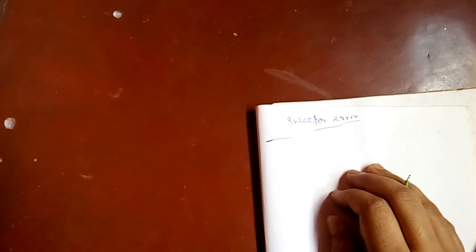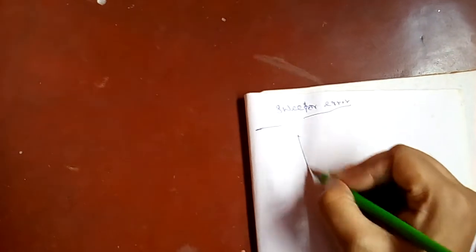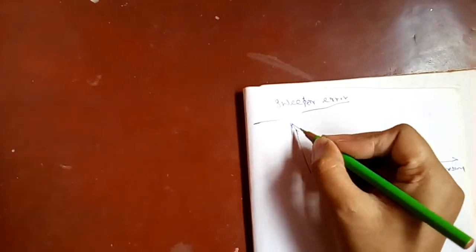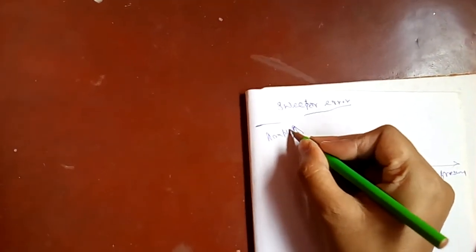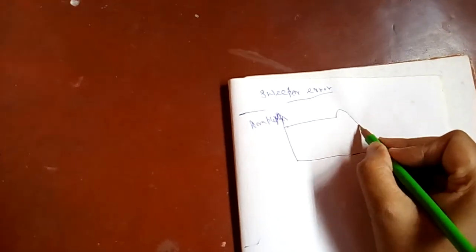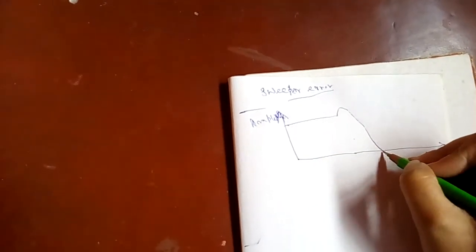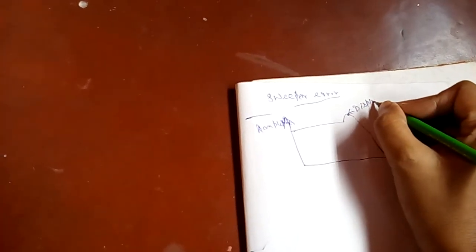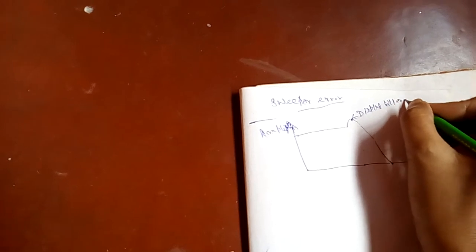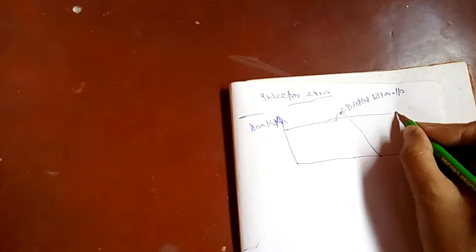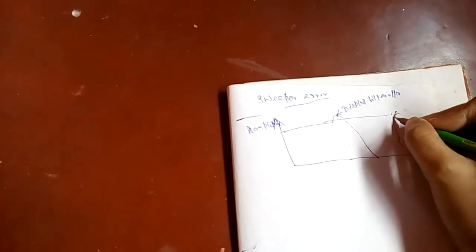If we draw the amplitude versus frequency graph, on the x-axis we take the frequency, and on the y-axis we take the amplitude. So if we see the graph, this is the graph. Here is the display filter output, and these are the fundamental frequency sweep.